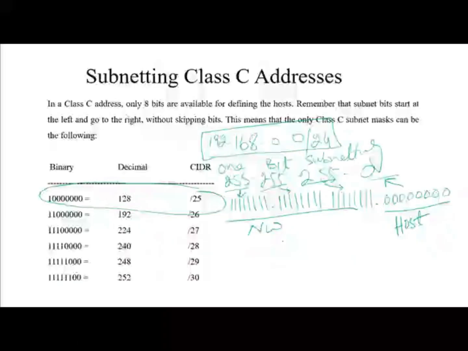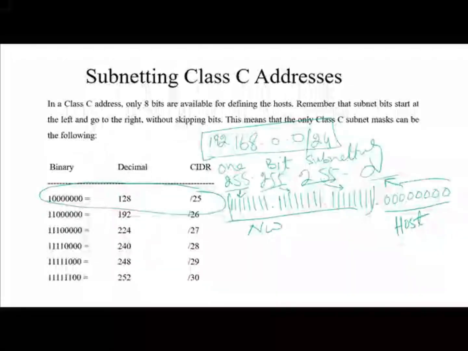Now if we want to subnet this IP address further, to break that classful boundary, we normally start subnetting in the host portion. Already this is the network portion. We can't do anything here, right? Nothing can be done here with regards to subnetting. We will start in this particular section.